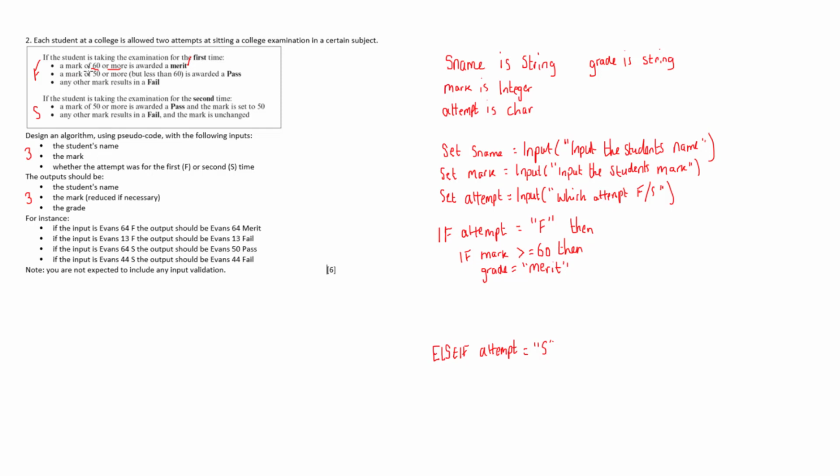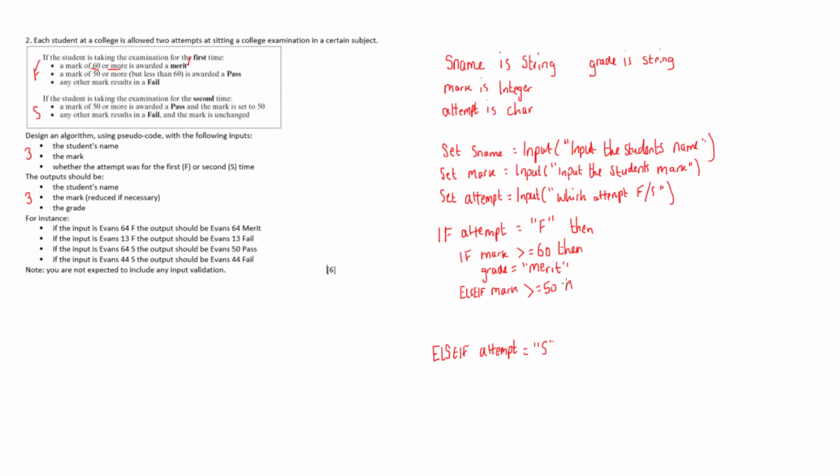Now, if it wasn't 60 or more, then I need to do an else if here, just to check the next condition. So if it wasn't 60 or more, else if the mark was 50 or more, so greater than or equal to 50, but less than 60.